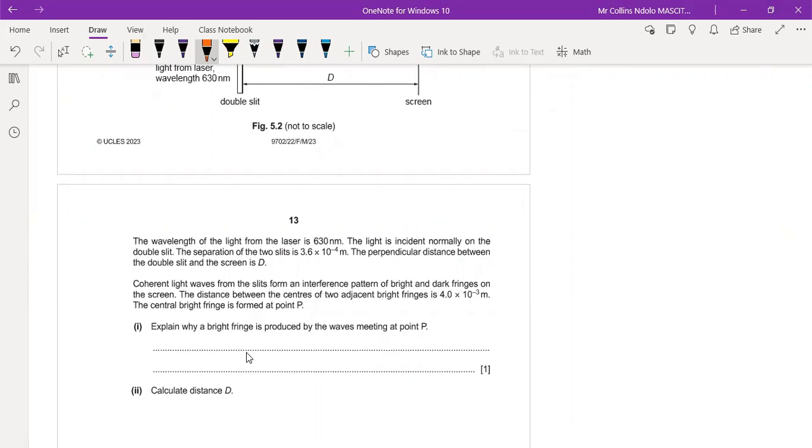The perpendicular distance between the double slits and the screen is D. Coherent light sources, light waves from the slits form an interference pattern of bright and dark fringes on the screen. The distance between the centers of two adjacent bright fringes is 4.0 times 10 power minus 3 meters. The central bright fringe is formed at point P.